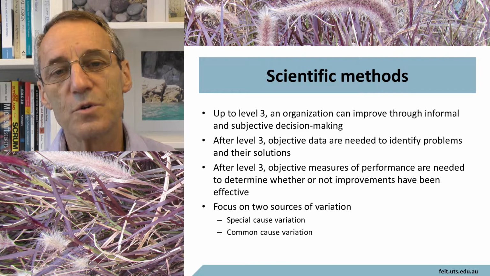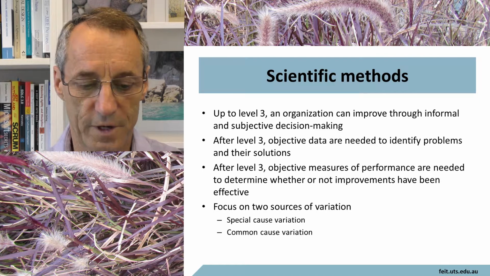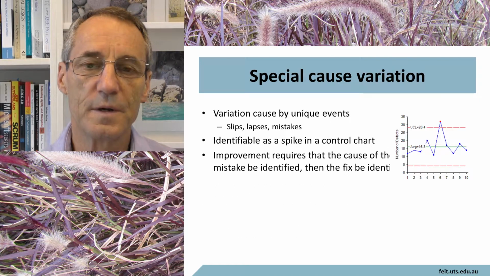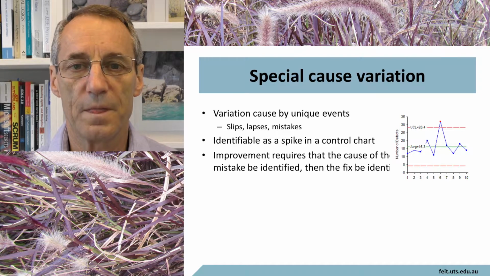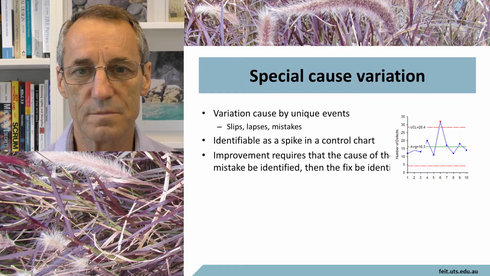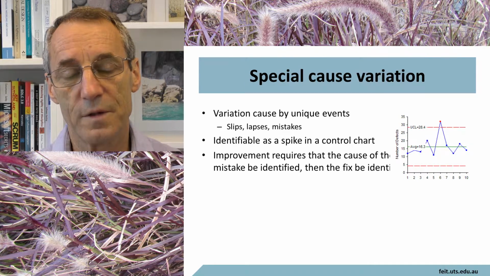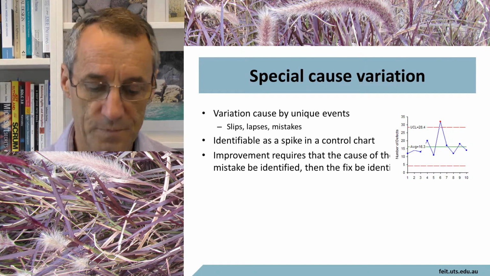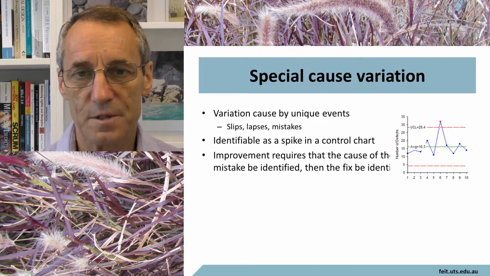And we focus on two causes of variation: special cause variation and common cause variation. Now, special cause variations are things that are external to the process. They happen from time to time. Things like slips, lapses, and mistakes.